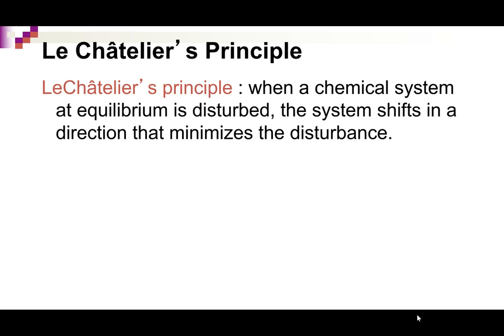So when a chemical system is at equilibrium and it's disturbed, the system will shift in the direction to minimize the disturbance. So we are going to mess with these equations or with these systems at equilibrium, and we're going to predict which way the equilibrium will shift.